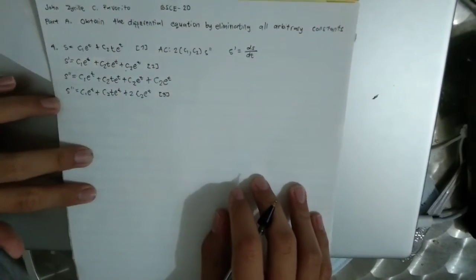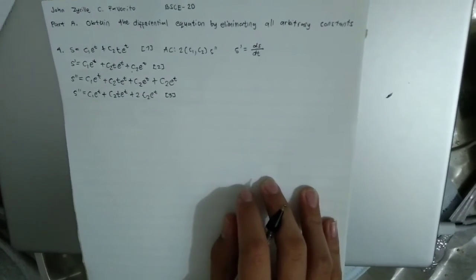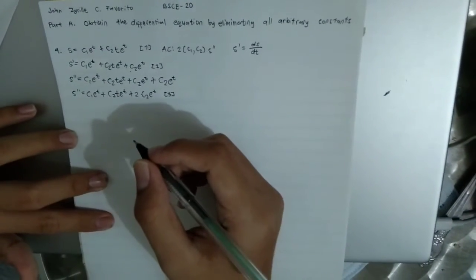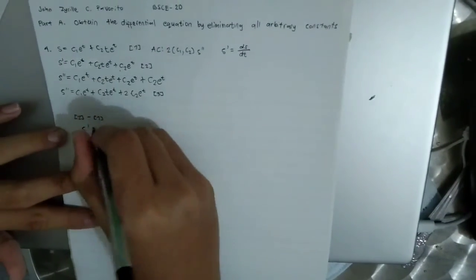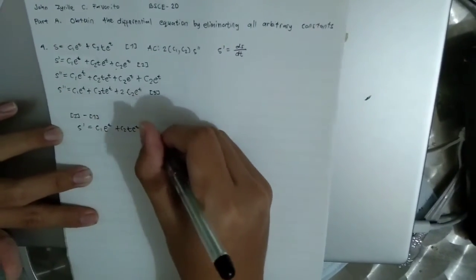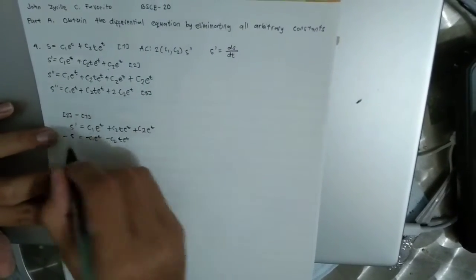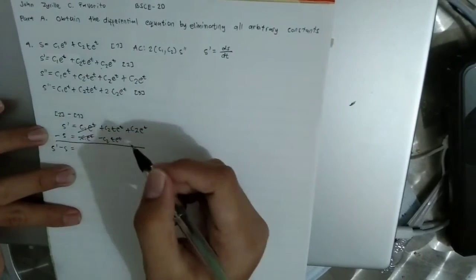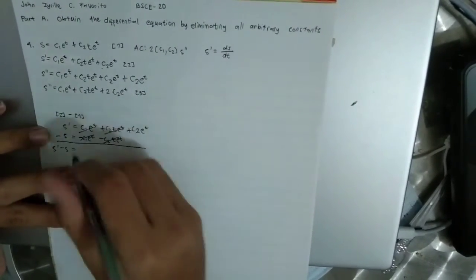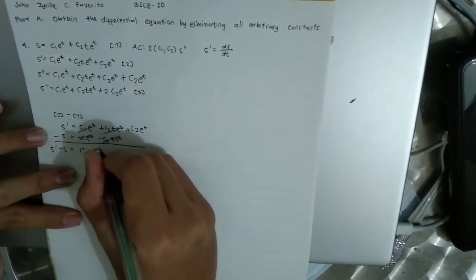So we can use equation 1 and equation 2 to eliminate c sub 1. We can subtract equation 2 and equation 1. We can see that we can cancel these two and also these two terms. So it is equal to c sub 2 e raised to t.